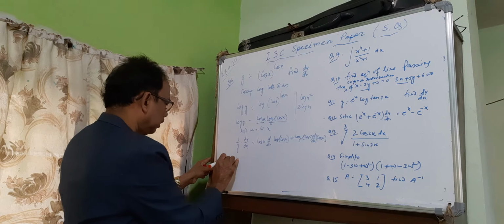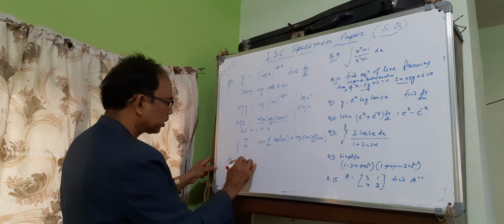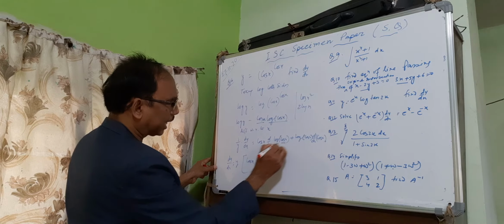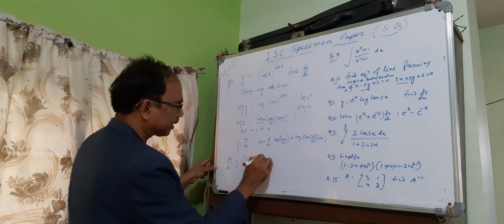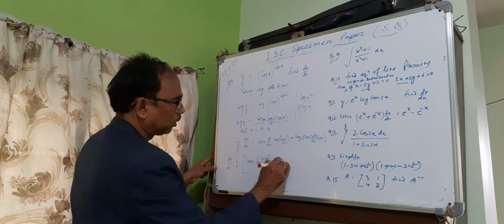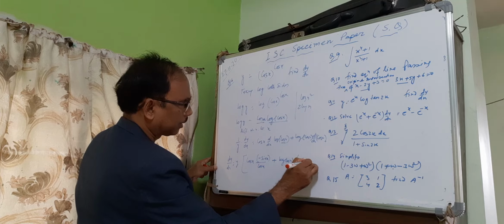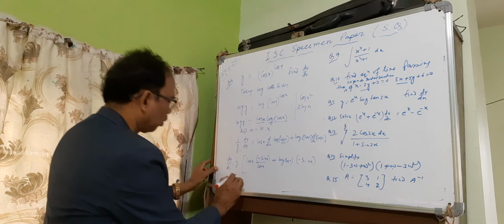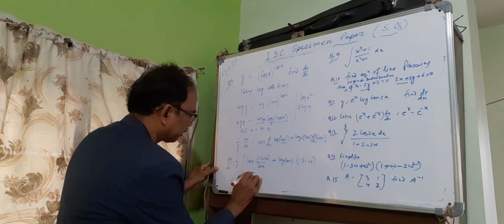Now dy by dx equals y times the derivative. Log cos x derivative is 1 by cos x, and cos x derivative is minus sin x, plus log of cos x into derivative of cos x, minus sin x. Then you know y value, y is cos x to the power cos x.